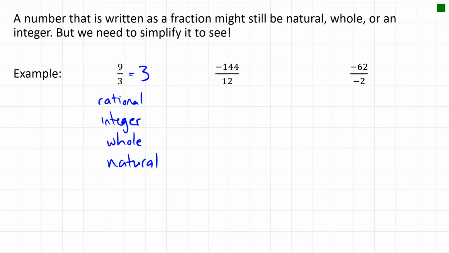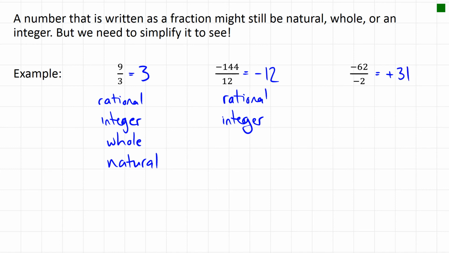Negative 144 divided by 12 is equal to negative 12. So this one would be rational, and it would also be an integer. Lastly, negative 62 divided by negative 2, well, that's equal to positive 31.